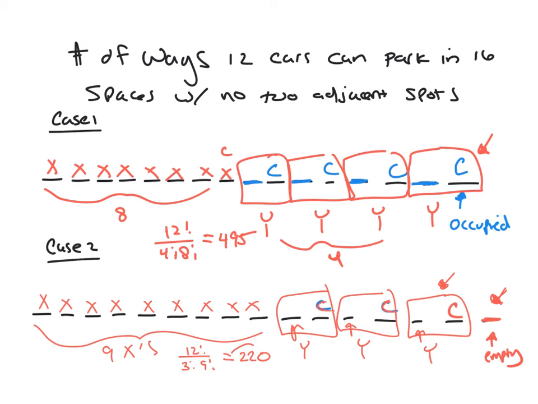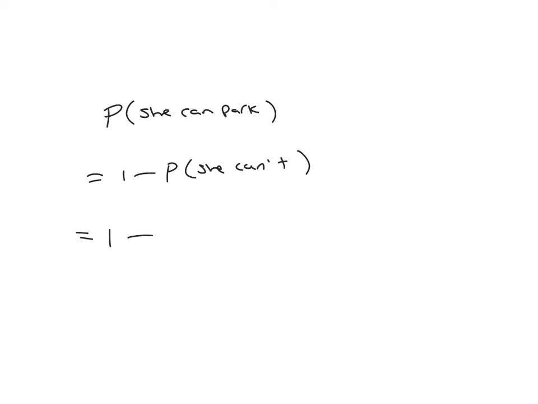So this plus this are the total number of ways 12 cars can park in 16 spaces with no 2 adjacent spots. And if we go back to our overall strategy, on the next page, we'll be able to answer the question. Remember, our goal was that the probability that she can park is 1 minus the probability she can't, which is 1 minus, and we figured out that there are 1,820 ways that 12 cars can fit into 16 spots.